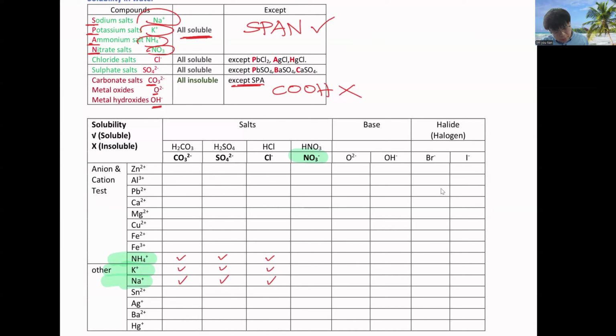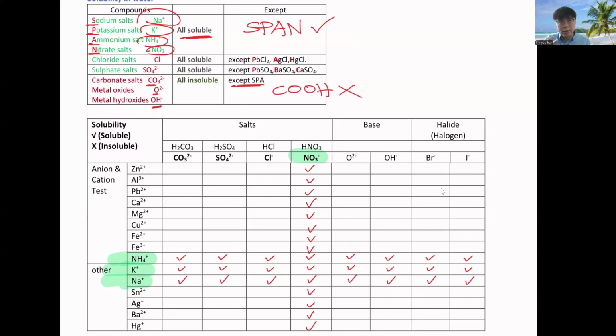This is very important because many things in the short chapter are related to solubility. We will make the decision based on whether they are soluble in water or not. So anything with sodium, potassium, ammonium, nitrate, SPAN, will be all soluble.